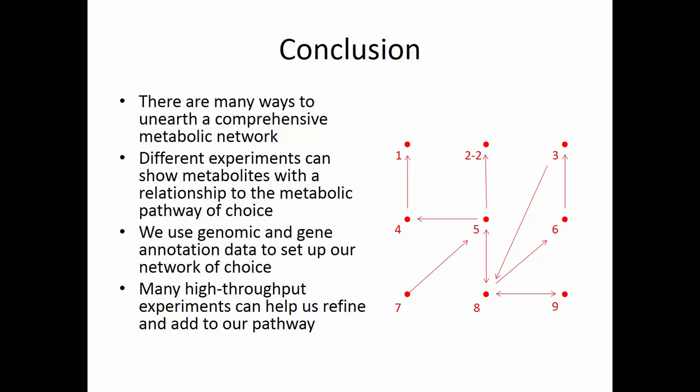But just know that there are multiple ways in which we can do experiments that can give us an idea of what it is we're looking for, which is to find out what the players are in our network and more or less what their roles are. And so different experiments can show metabolites with a relationship to our pathway of choice. Now, when we started, our pathway of choice just involved 4 metabolites, but we soon found that all 9 metabolites were involved somehow in this. Is this the end of the story? Probably not.